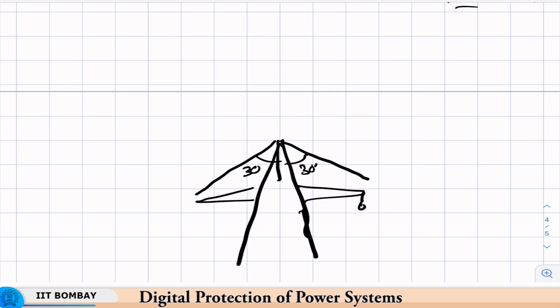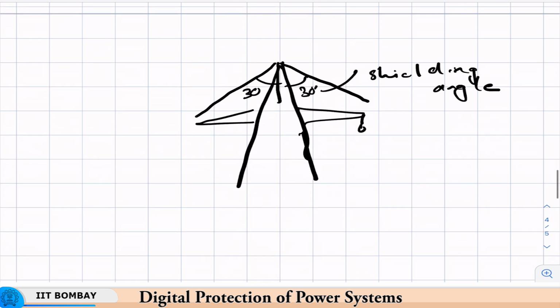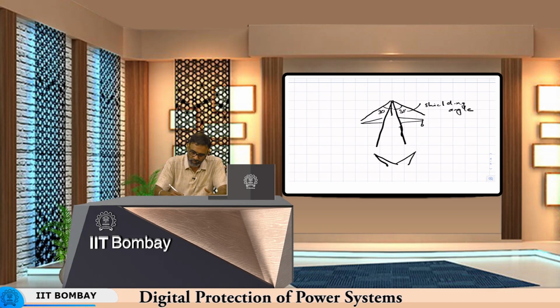Okay, so for about 30 degrees, it will provide protection; this is known as a shielding angle. Okay, and if there are two peaks, some towers, if you have noticed, may have two peaks, and then there is a transmission tower, and then usually this 20 degree shielding angle is provided.